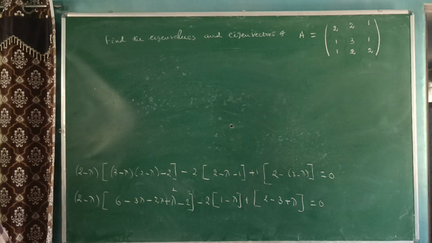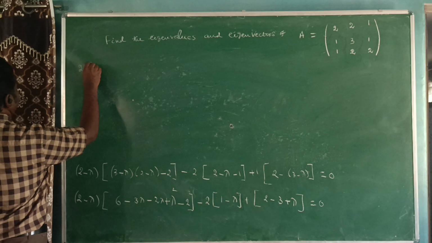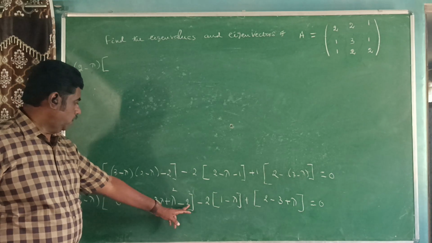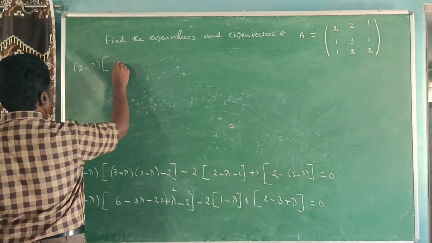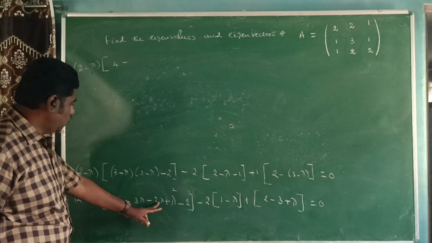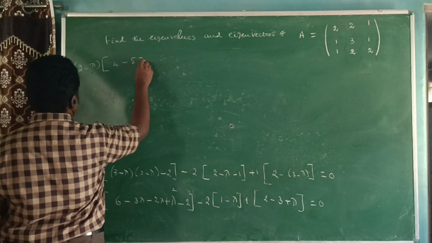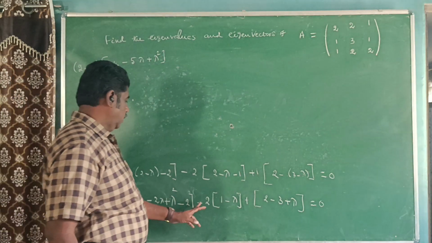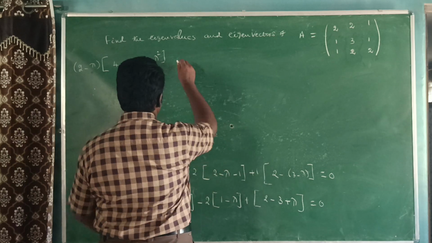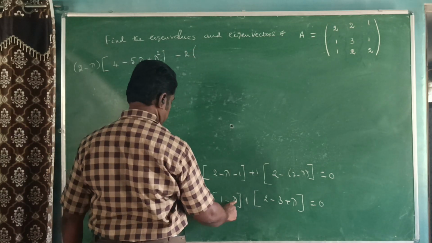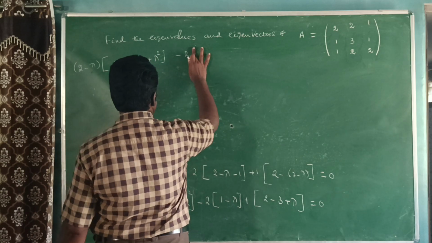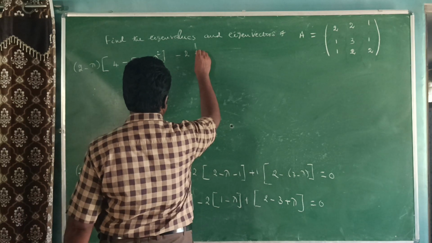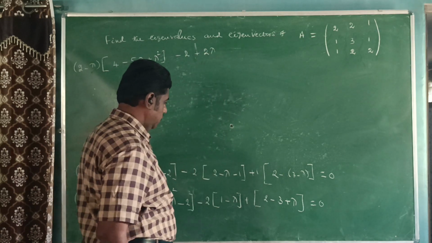Now we can write (2 minus lambda) into (6 minus 2, 4, then minus 3 lambda minus 2 lambda, minus 5 lambda, plus lambda square), then minus 2 into (1 minus lambda), so this is minus 2 plus 2 lambda.